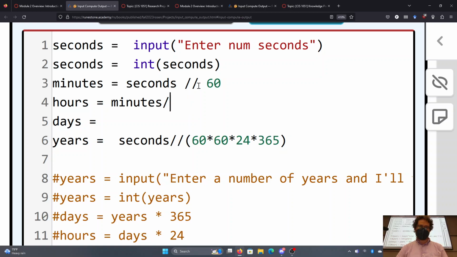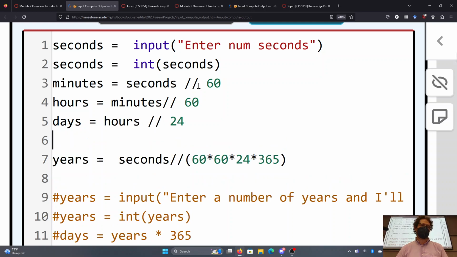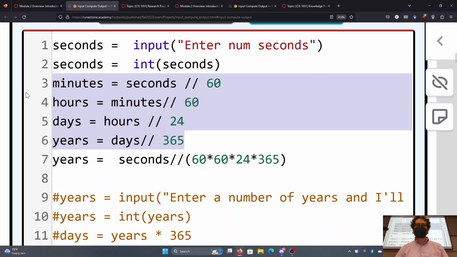We're dividing now, not times. Number of hours, divide by 60. Number of days would be hours, divide by 24, because there's 24 in a day. And then years becomes days, divide by 365. Everybody following so far? How this number over here and this calculation ends up being the same?